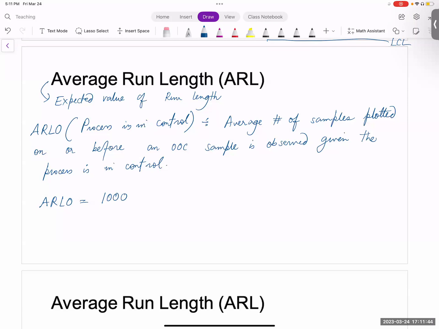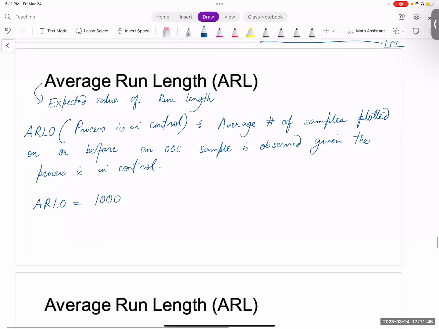Right, now think about 3 different scenarios. Let's say ARL 0 equals 10, 1,000, and 10,000. So in the first case, we're going to observe on an average 1 out of control sample for every 10 in control samples plotted.